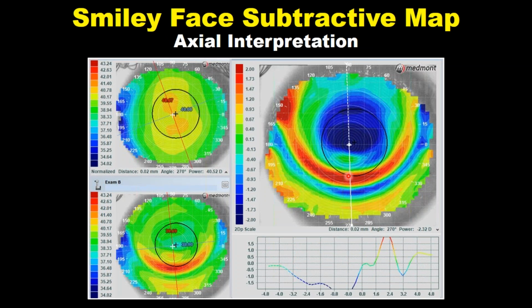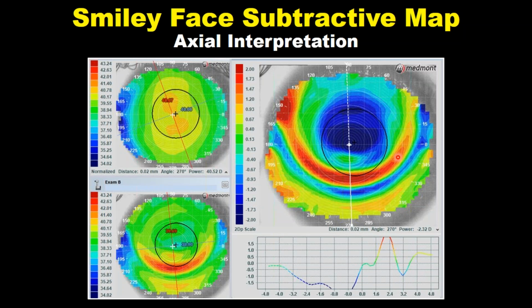Another outcome, and one that we see with greater frequency, is your Smiley face response. And that's where you notice the blue treatment zone decentered high in relationship with the pupil. So the bottom of the blue treatment zone inside the pupil, the top of the blue treatment zone somewhere up here, and that gives us the paracentral smile or the paracentral steepening.